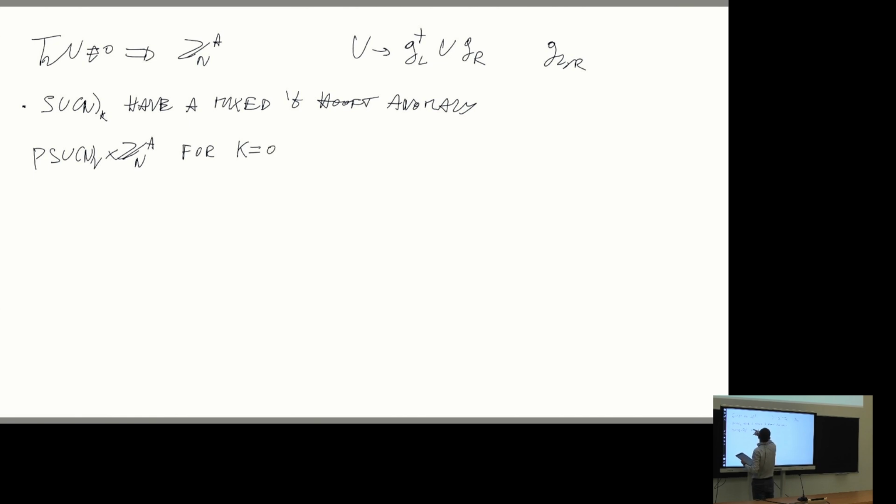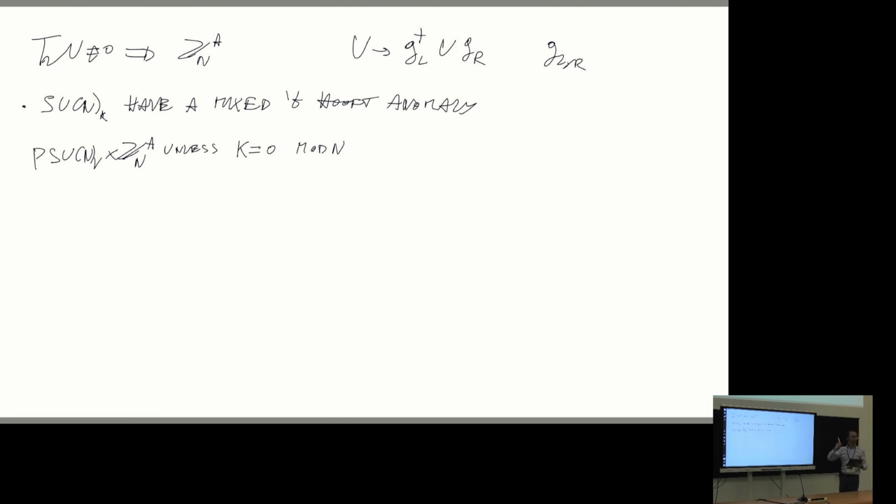Sorry, the SUN mixed anomaly cancels unless K is 0 mod n; for K equal to 0 mod n the anomaly cancels, and generically you have this anomaly here. It's a 't Hooft anomaly, a mixed 't Hooft anomaly between two groups.